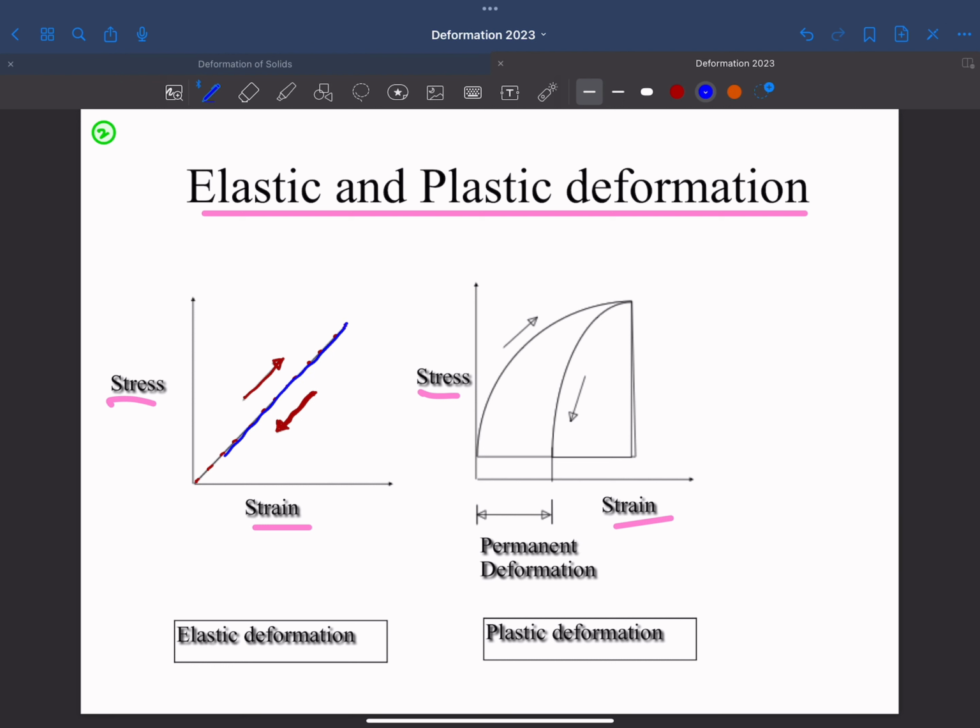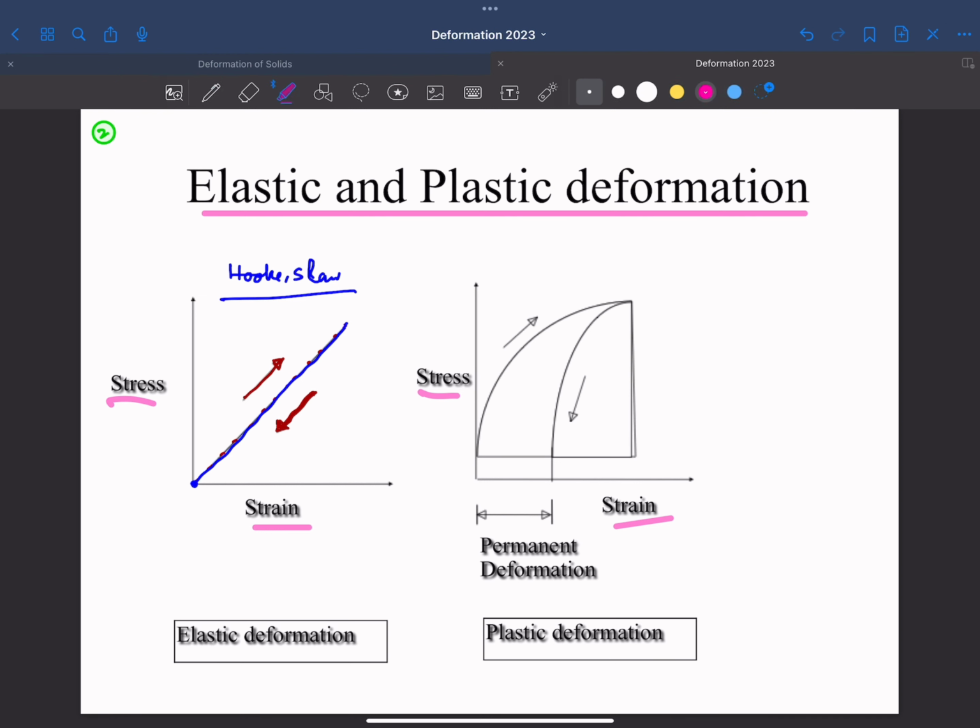Yani you are attaining zero strain when the stress is zero. So simply you can say that when the body is following Hooke's law, when loading and unloading, the situation will be of elastic deformation.